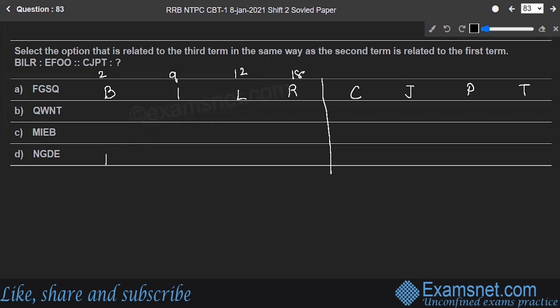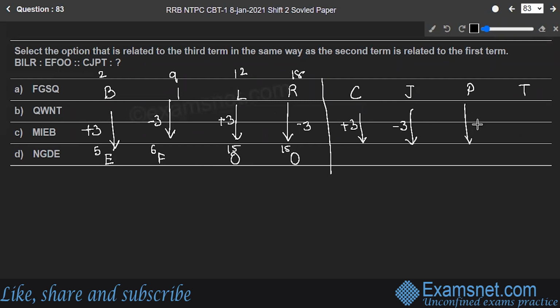It moves to E, F, O, O. E is at 5, F is at 6, O is at 15, 15. So here I'm having plus 3, minus 3, plus 3, minus 3. So got the logic. Plus 3, minus 3, plus 3, minus 3.